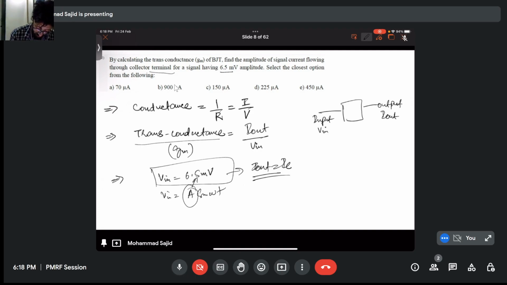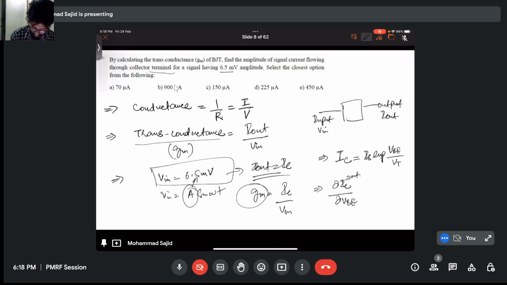For that, we have Gm is equal to IC by V in. Now, what we have to calculate is Gm, right? So, let's say we go by the definition of collector current. We can write collector current as IC is equal to Is exponential of VBE by VT, right? So if I differentiate this, dIC by dVBE, here IC is output, VBE is input.